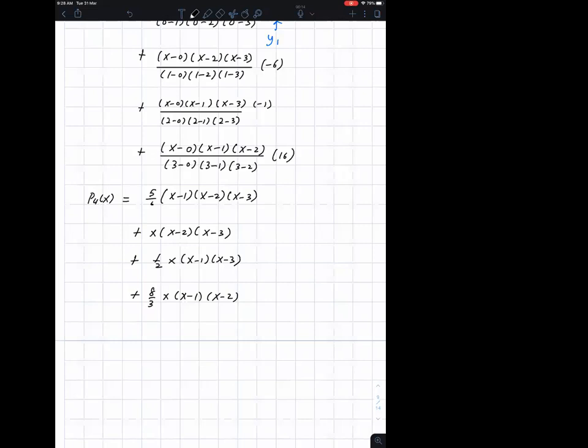Why am I messing up a lot of things here? But anyway, this answer is not really important. The procedure, we can go and check, and if you catch any mistake, please let me know.